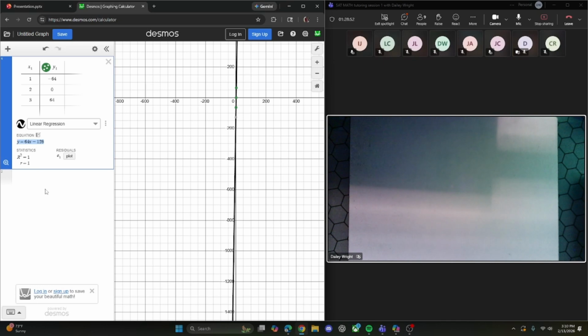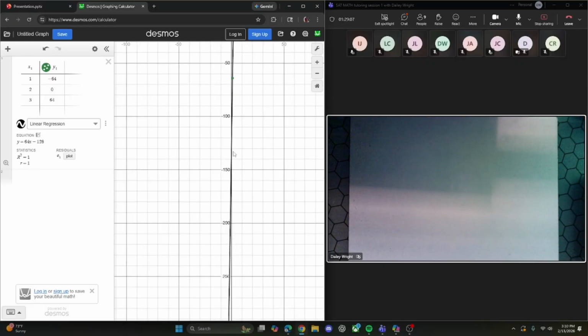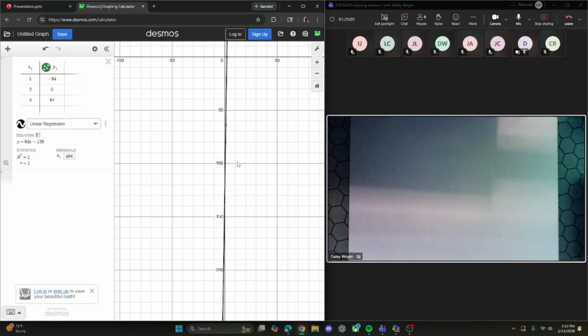Just in case you can't see what the y-intercept is going to be. Y-intercept is always b, and b is negative 128. But you can always zoom in on the line and see where it crosses the y-axis, and it's at 0, negative 128.